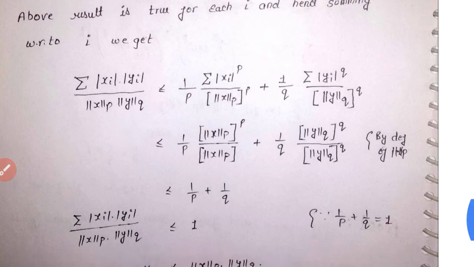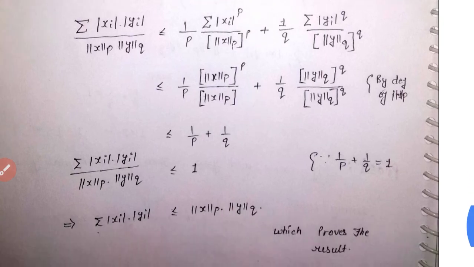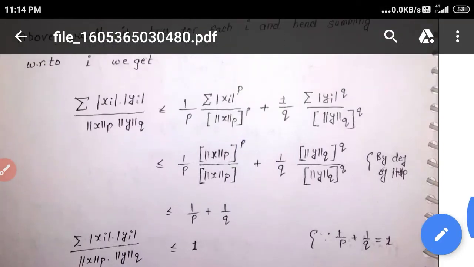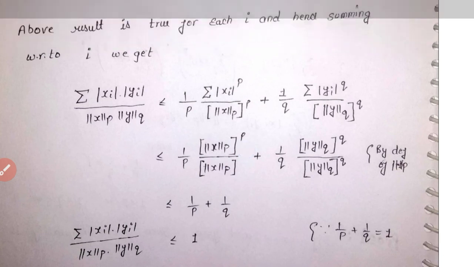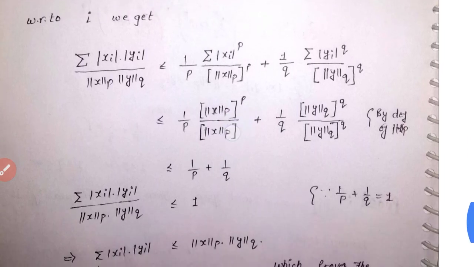So here we have taken the summation on both sides, and after that we use the definition of the p-norm. The definition of the p-norm is used here, and this term is written in this form. Look, here the p is missing.